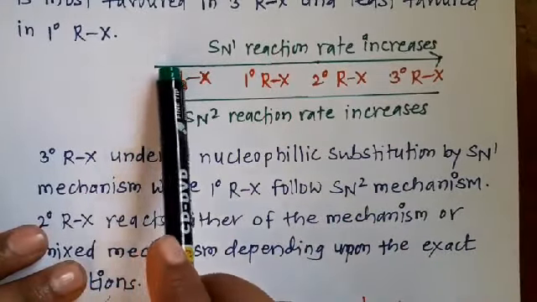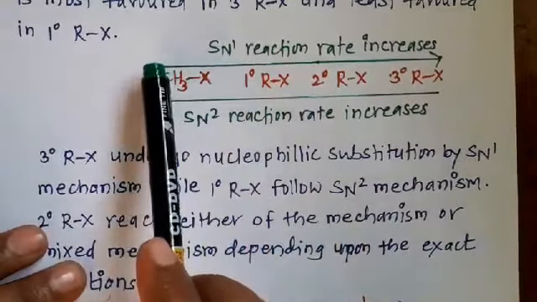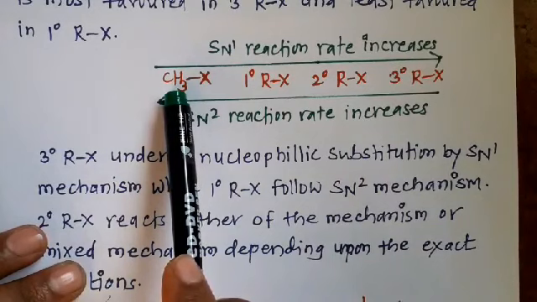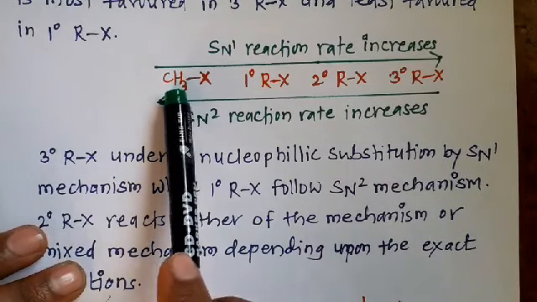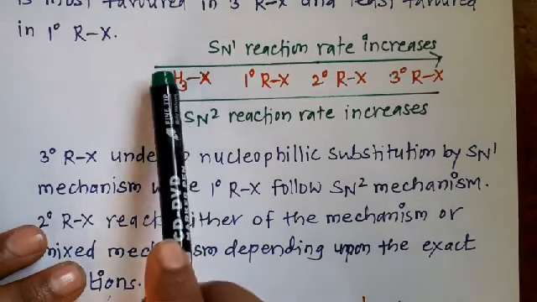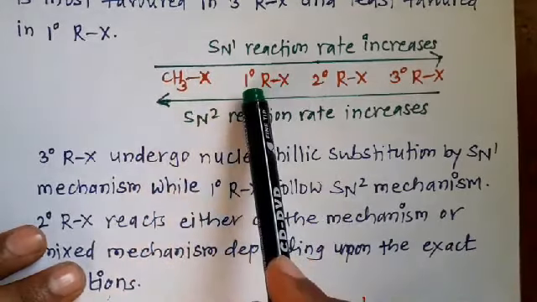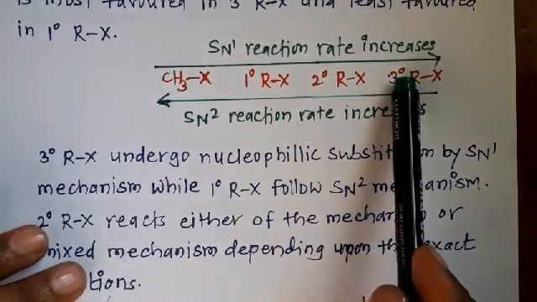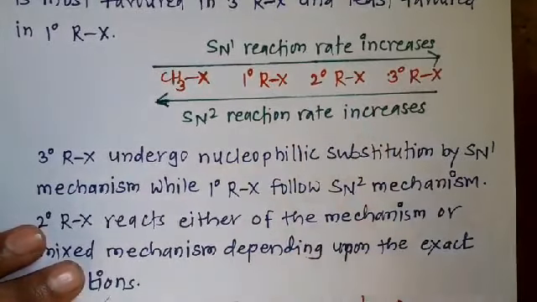The SN1 reaction rate increases from left to right. The SN1 reaction rate is least for methyl halide, but it increases for primary alkyl halide, secondary alkyl halide, and it is highest for tertiary alkyl halide.